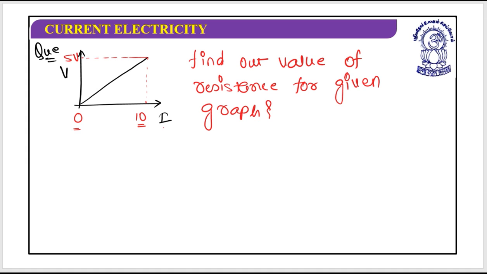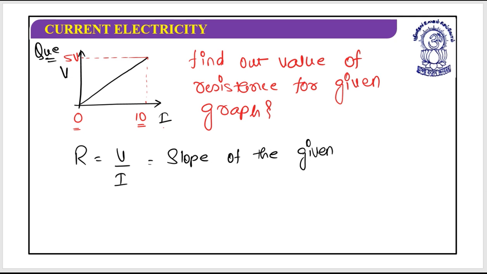So how could I find the value of the resistance? I know that R is equal to V divided by I, and when I say R is equal to V divided by I, I need to find the slope of the given graph.